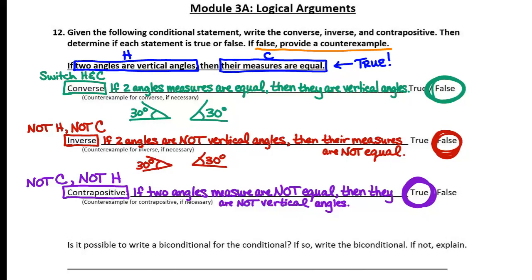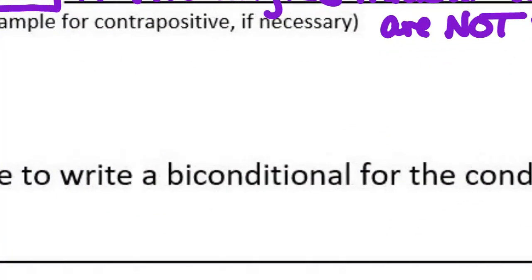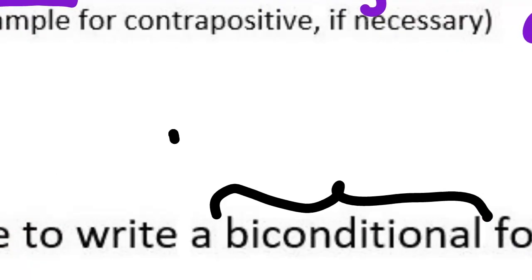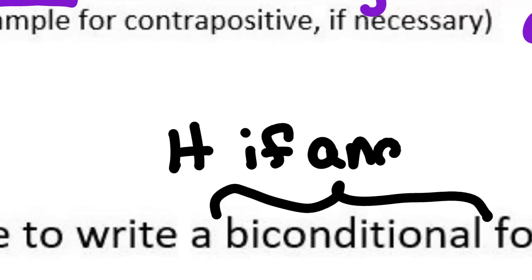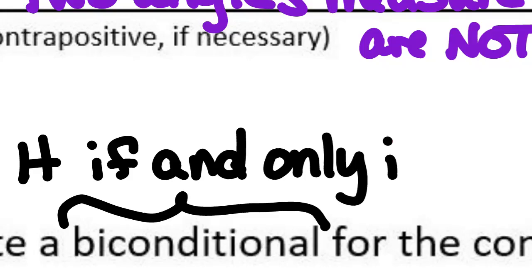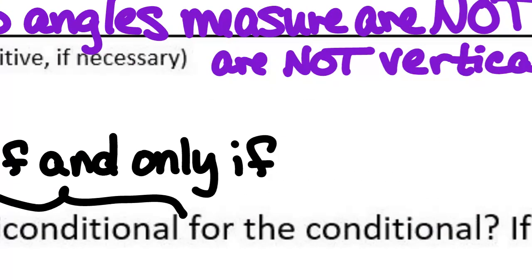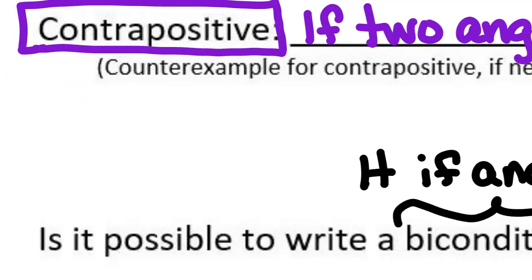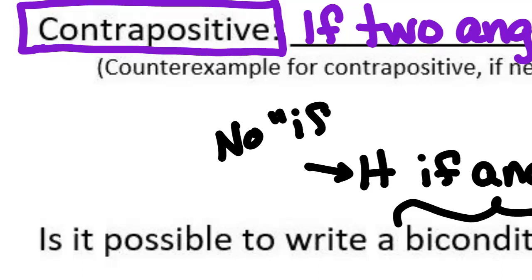Is it possible to write a biconditional for the conditional? A biconditional statement is going to have the hypothesis, and then it will have the words if and only if, and then it's going to have the conclusion. It will not have an if in front of the hypothesis.